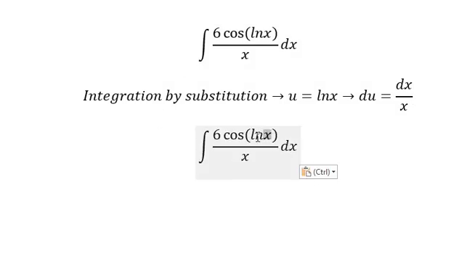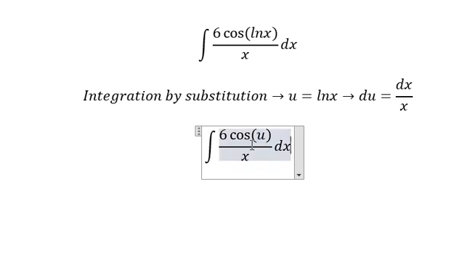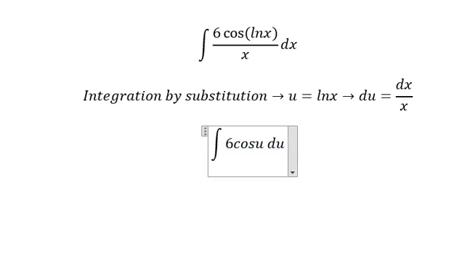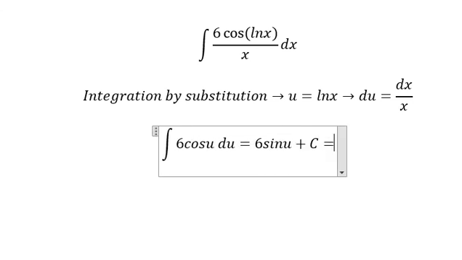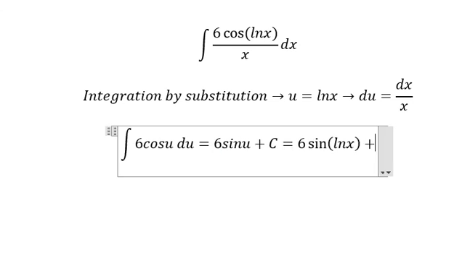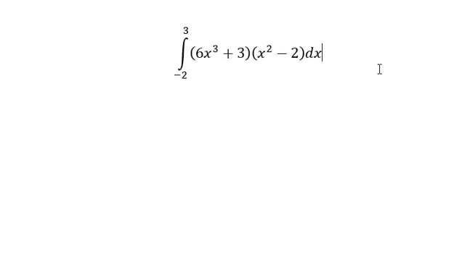So this one we change for u. ds over s we change for du. So you get 6 sine u plus c. About u, that's ln s. The last one.